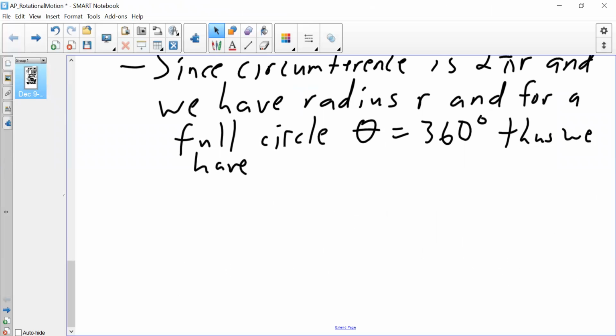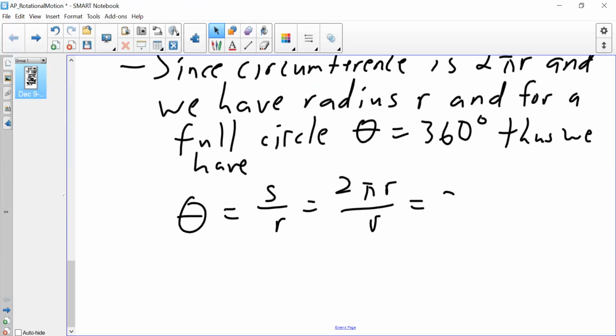Thus we have angle theta, the ratio of arc length over radius. The total arc length around the circle, or the circumference, 2 pi r, divided by r. And that gives me 2 pi radians, which is 360 degrees. So 360 degrees, 2 pi radians.